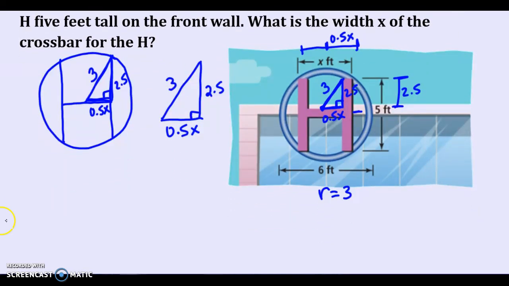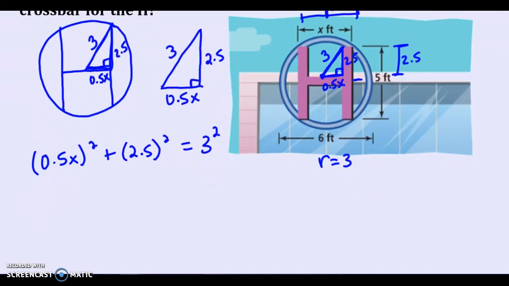So if I do that Pythagorean theorem, I have 0.5x squared plus 2.5 squared equals 3 squared, because that is across from my right angle, my hypotenuse. Now this algebra does get a little tricky, but when I square 0.5, 0.5 squared is 0.25, but I also have to square the x, so I have 0.25x squared, plus 2.5 squared is 6.25, and that's going to equal 3 squared, which is 9.